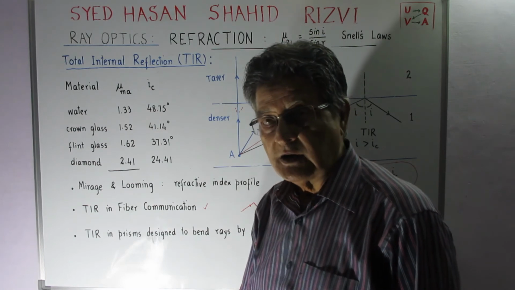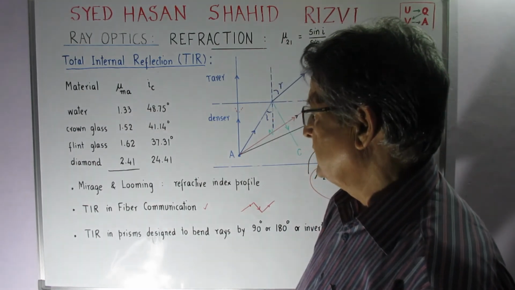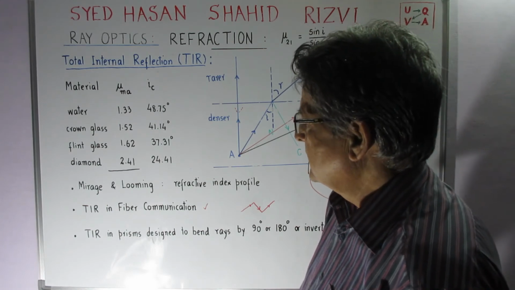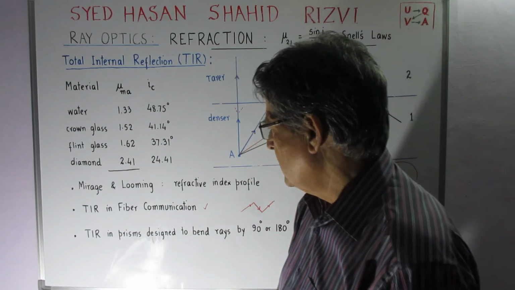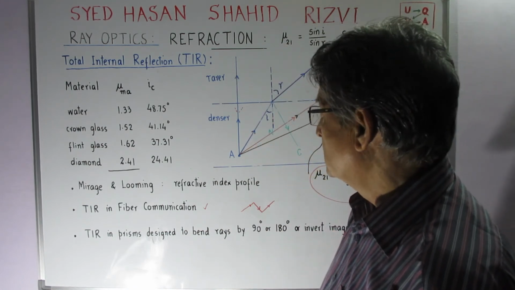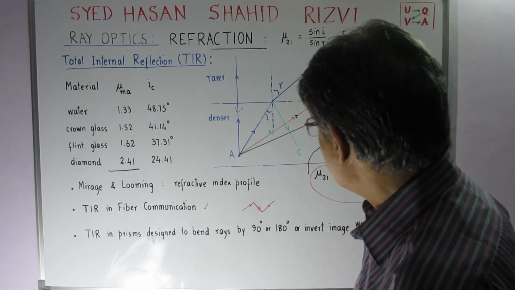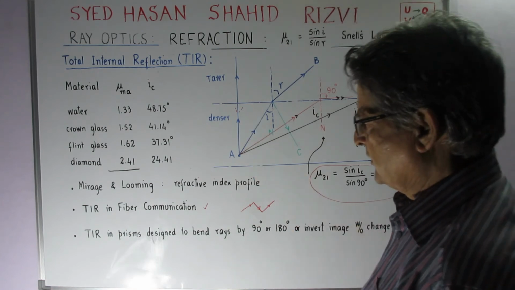That's why the diamond sparkles, because the light is reflected from the various edge faces of the diamond, and it looks very brilliant. This is because of total internal reflection.